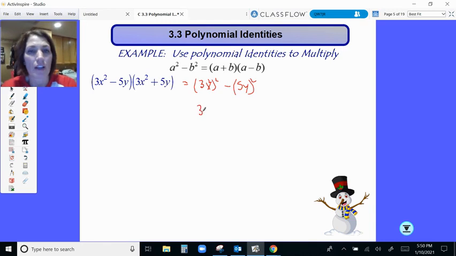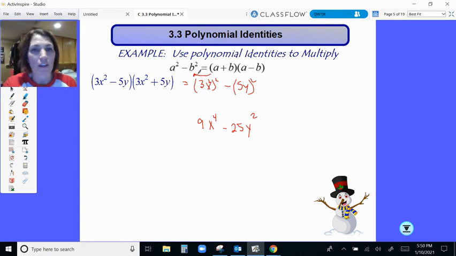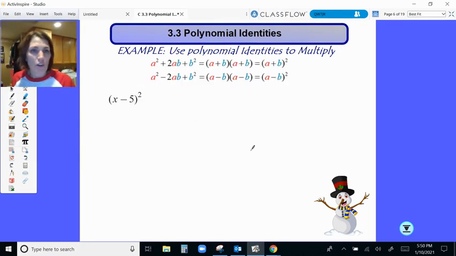So that will end up being, 3 squared will be 9, and then x squared squared will be x to the 4th power, minus 5 squared will be 25, and then y squared. So this will go either way. I can either use it to factor, or I can use it to what's called expand, going this way. Either way.